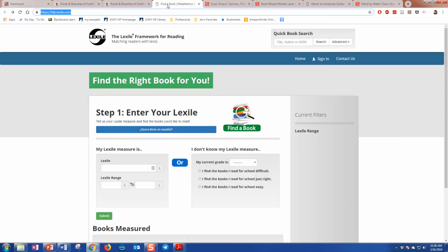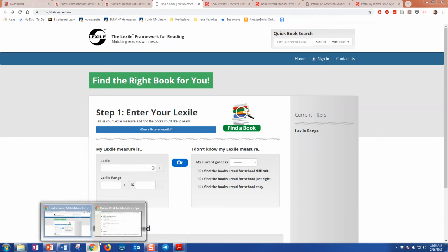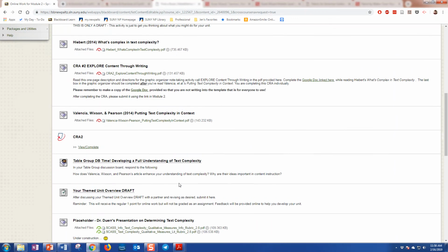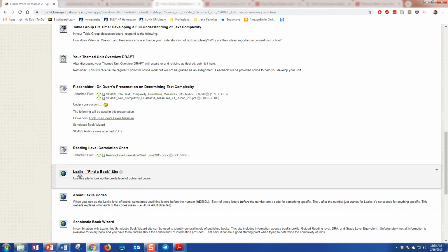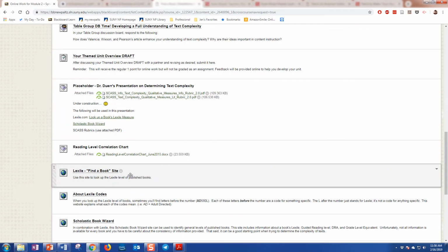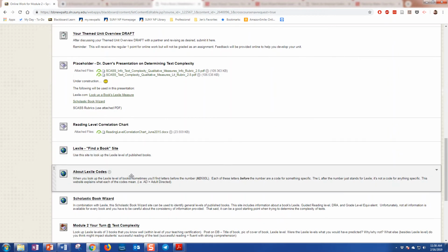Okay, so one of the things that you'll find I've linked now in Module 2 is the Lexile website, where you actually look up a book. The Lexile website has multiple parts, so this is the part that's specifically for looking up titles of books. Not every single book in the world is on there, but many, many books are.